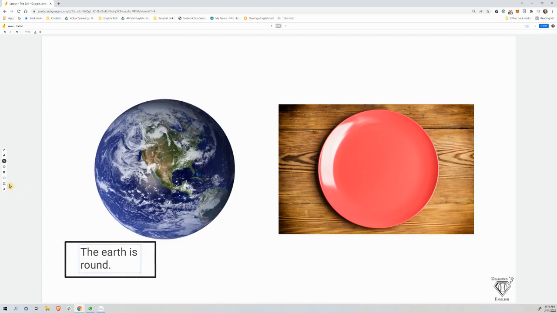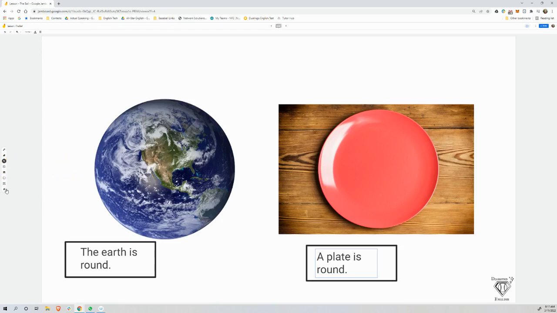And what is this? This is not the earth. This is a plate. So the earth is round and a plate is round.